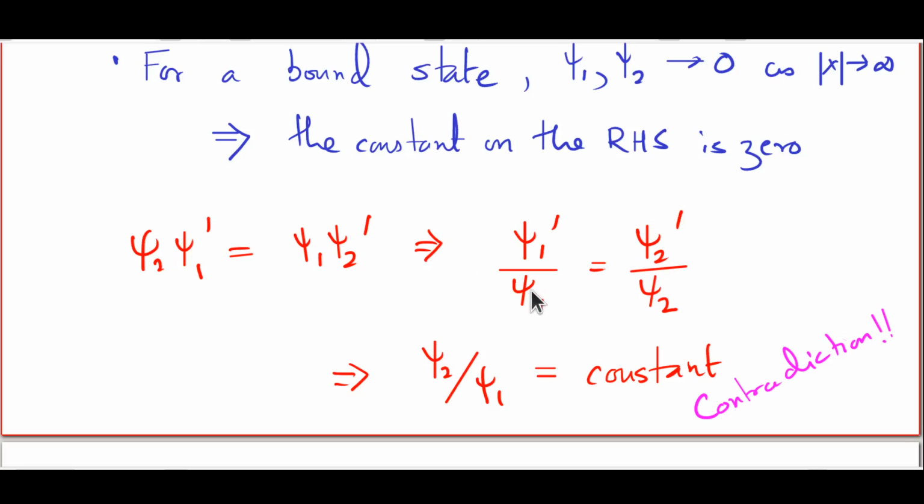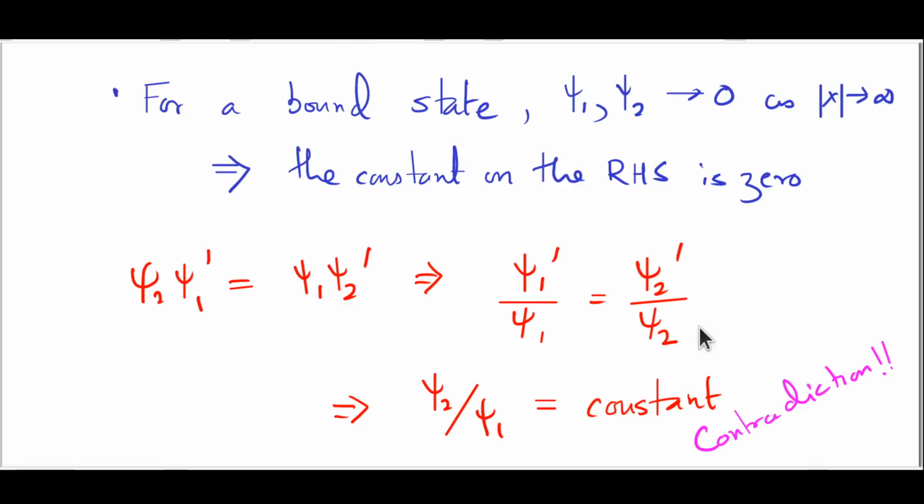Just plain integration, this gives you log psi1, this gives you log psi2, and you get log psi2 minus log psi1 is a constant. Now if psi2 by psi1 is a constant, that contradicts our starting assumption that this ratio is not a constant. That's your contradiction, and that shows that the assumption that there is a degeneracy for 1D bound states must be wrong, and hence establishes our result.